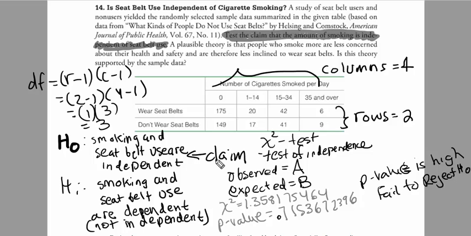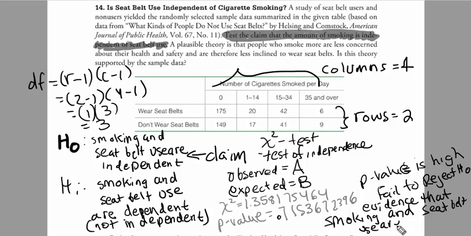That means there's evidence to support our claim that smoking and seatbelt use are independent. So there's evidence that smoking and seatbelt use are independent.